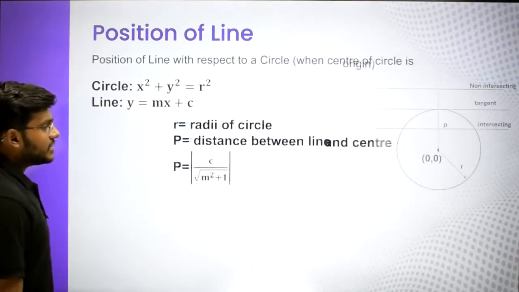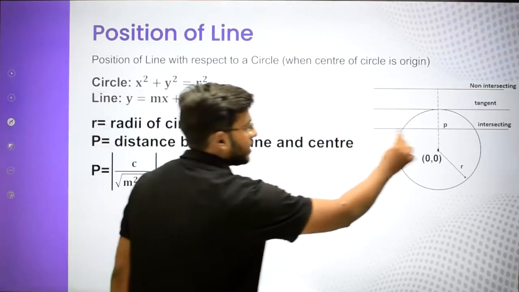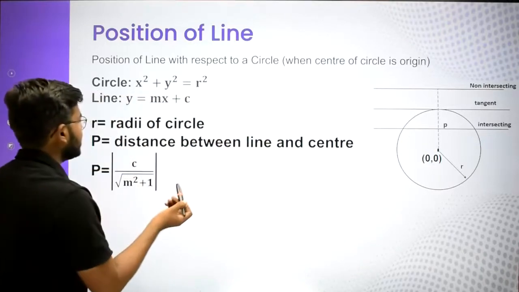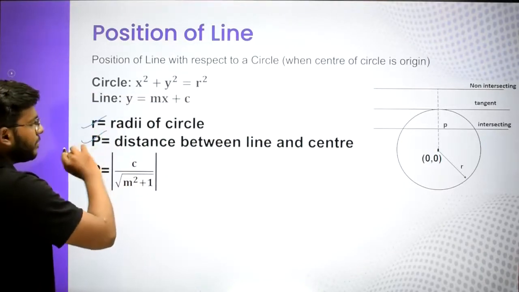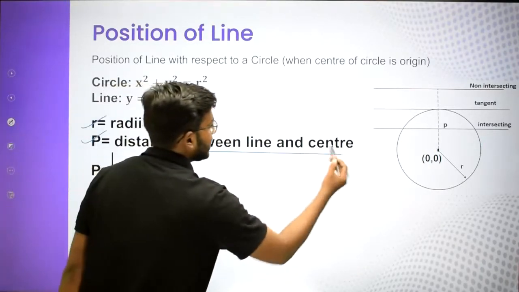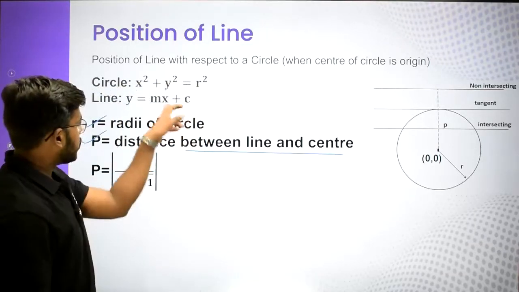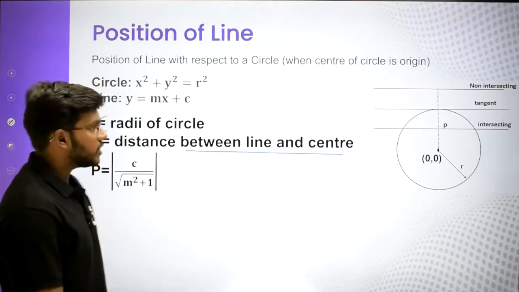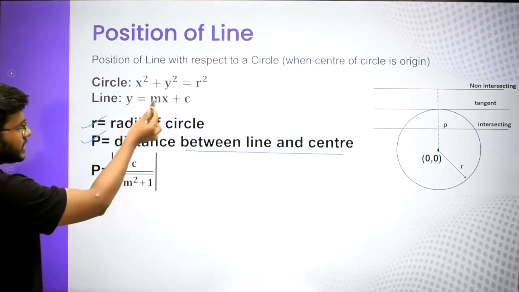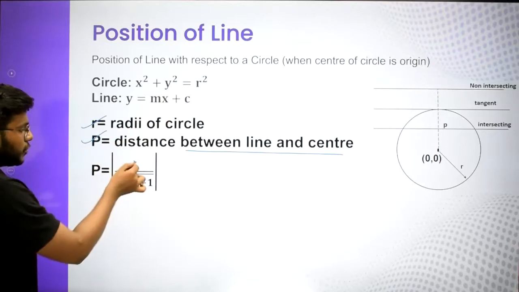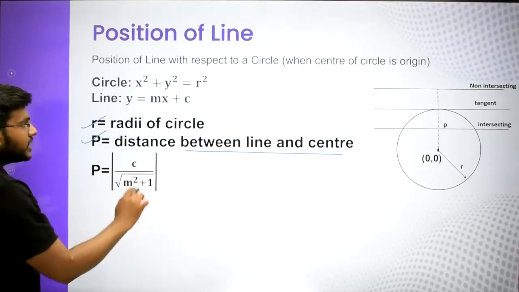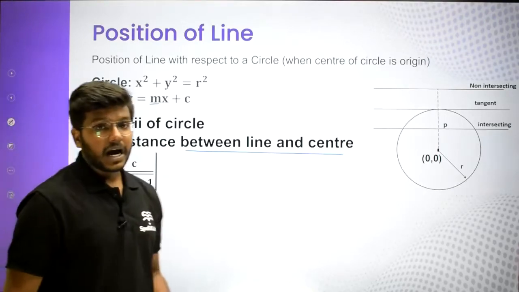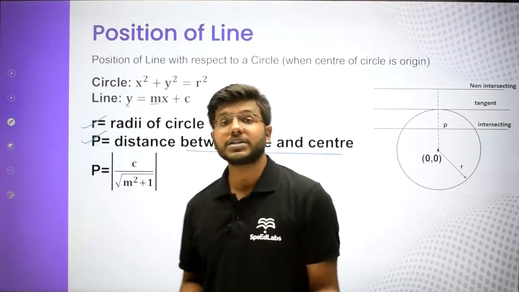Okay, so guys, here we can clearly say that again these three types of condition will be followed. We have already seen that r is the radius and p is the distance between the line and the center. Now if the equation of the line is y equal to mx plus c and the center is 0, 0, and you find the perpendicular distance, in the numerator you'll get only c, and under root the coefficient of x square and coefficient of y square, which will be under root of m square plus 1.